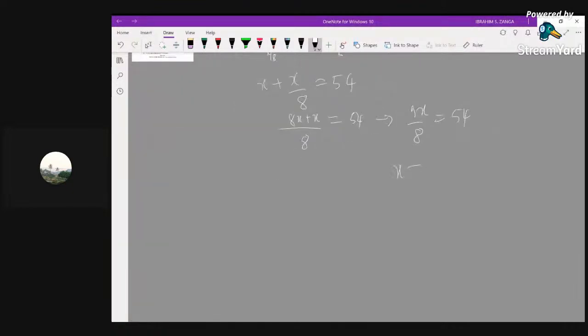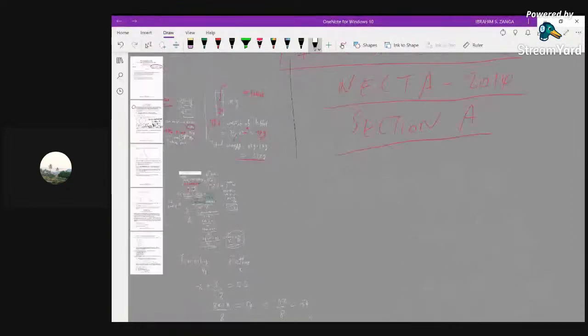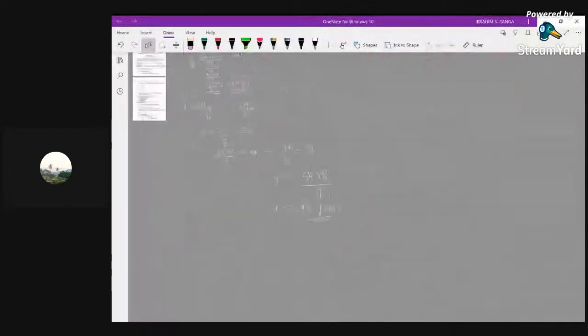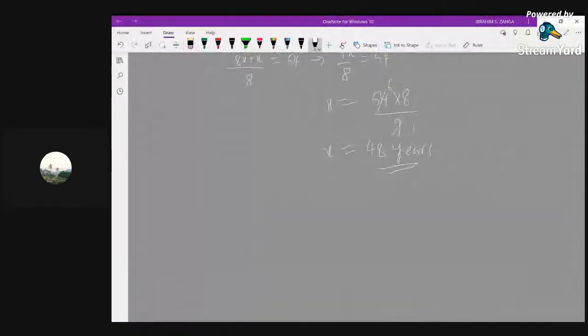So x equals 54 times 8 divided by 9, x equals 48 years. The question asks us to find the age of the father, so the age of the father is 48 years.